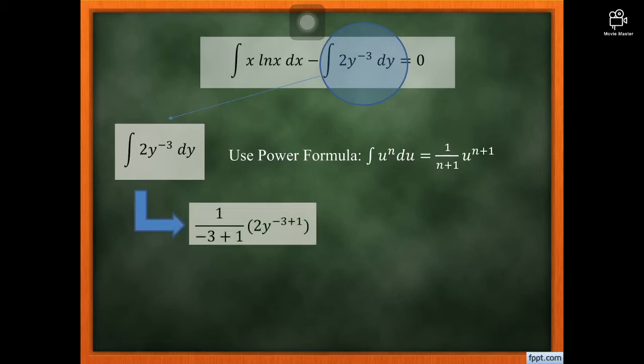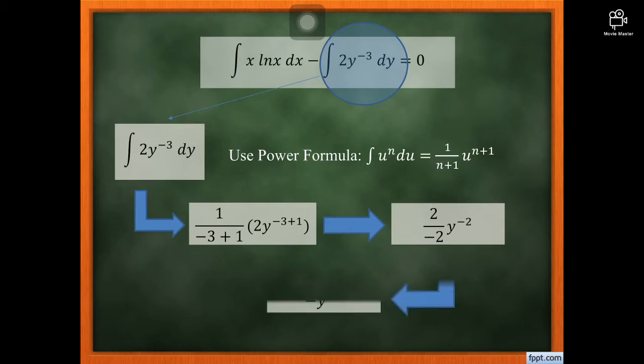So by substituting, you have this equation. And solving, you will have 2 over negative 2 times y raised to negative 2, arriving in the final answer that the integration of 2y raised to negative 3 dy is equal to negative y raised to negative 2.